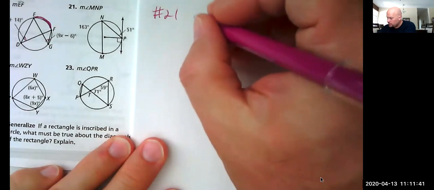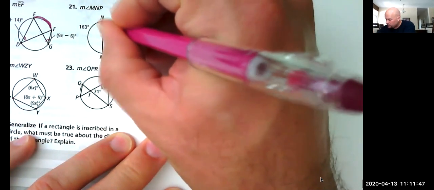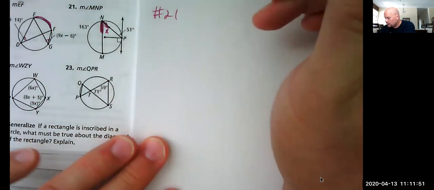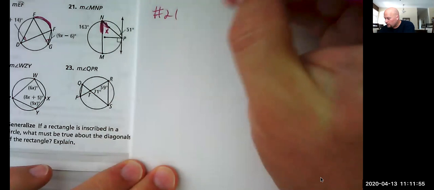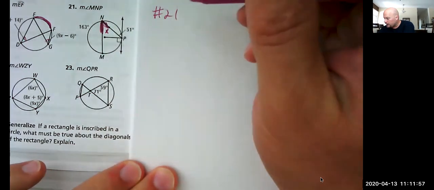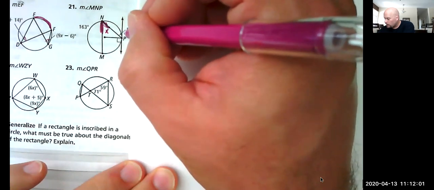So on 21, we have the measure of MNP. So they want this angle. Let me go ahead and highlight it before we forget which angle we're talking about. So I'm going to call that angle X. Now, there's lots of stuff going on in this diagram. They gave us, which angle is that pointing at?